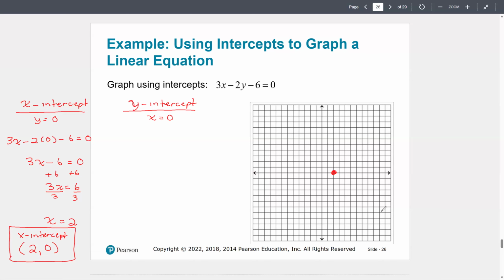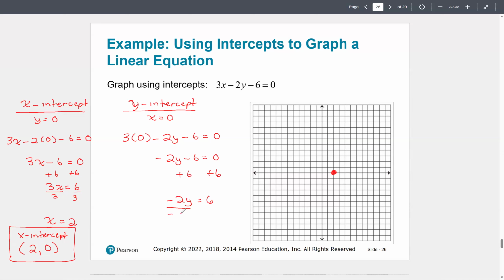I'll graph it right there. Now for the y-intercept, that happens when x is equal to 0. So now I'll just replace x with 0. So I'll have 3 times 0 plus 2y minus 6 equals 0. So it's going to leave me with 2y minus 6 equals 0. If I add 6 to both sides, I have 2y equals 6.